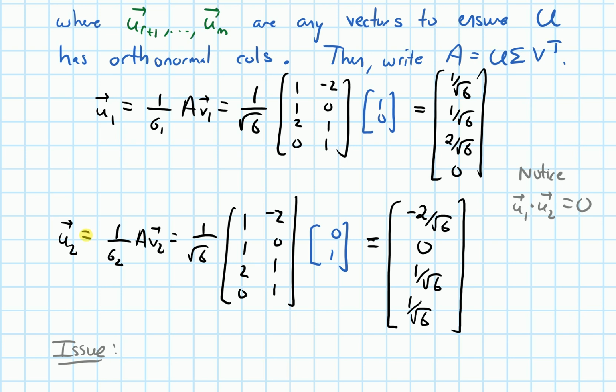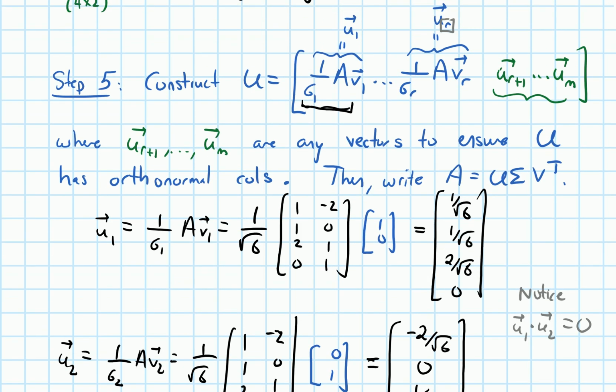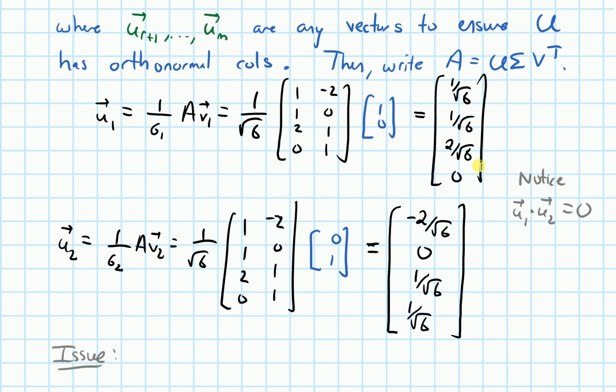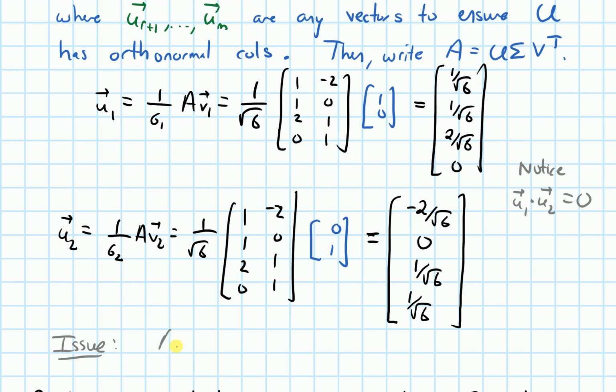So the problem now is that we got to use this formula up until we get to r. And r was 2 because we had 2 non-zero singular values. But our matrix U in this problem, the issue is we're trying to find the singular value decomposition for A. So we're trying to write it in this form. A was a 4 by 2 matrix, which means Sigma is also 4 by 2.